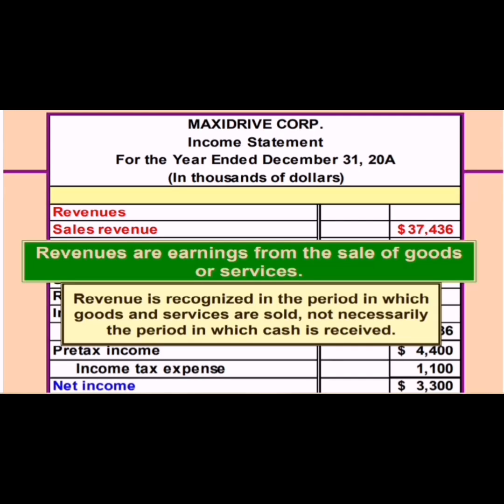What is revenue? Mostly students ask. Revenues are earnings from the sale of goods or services. So you can say it is the sale proceeds of any organization. What an organization generates after selling services or products becomes the revenue of that organization.